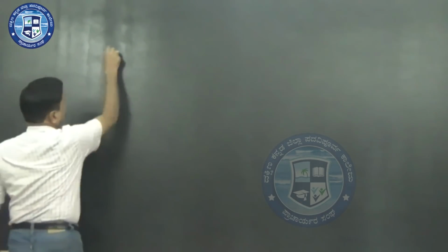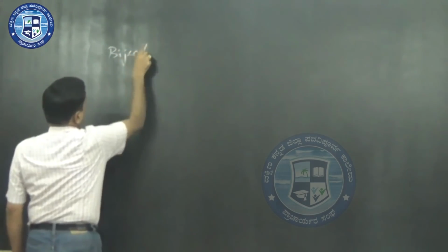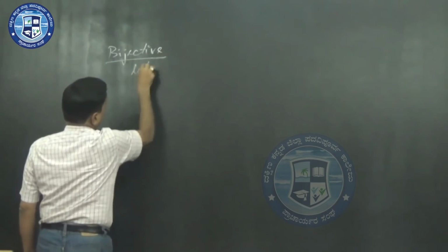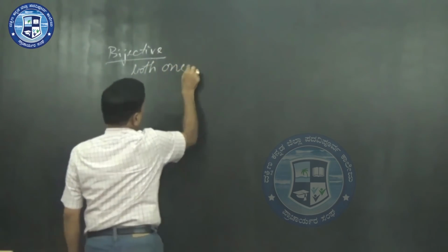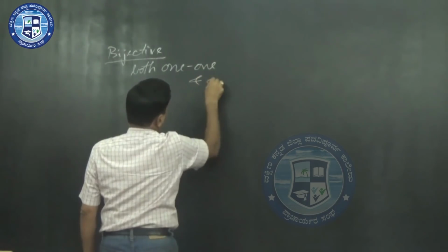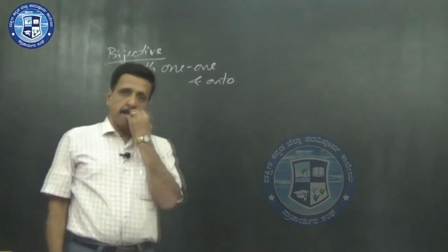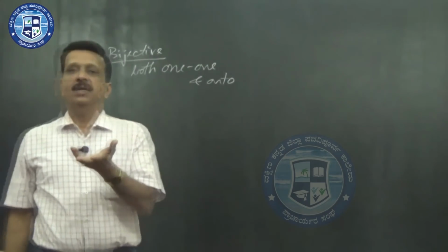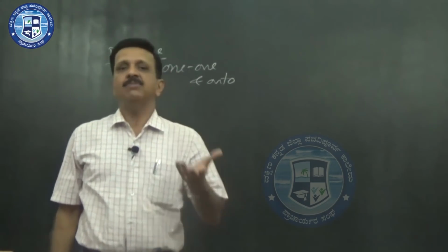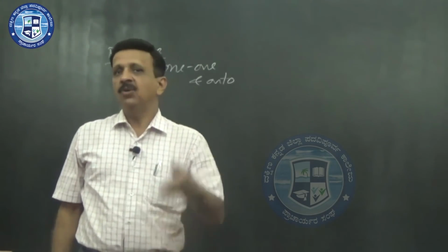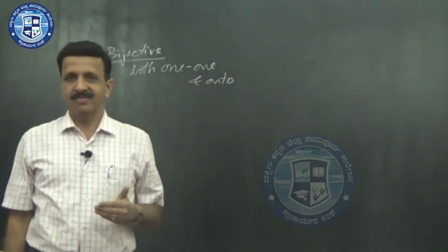You know, a bijective function is a function which is both 1-1 as well as onto. Such a function is called a bijective function. And in a bijective function, since it is both 1-1 as well as onto, since it is a function, no element of set A can be left out.